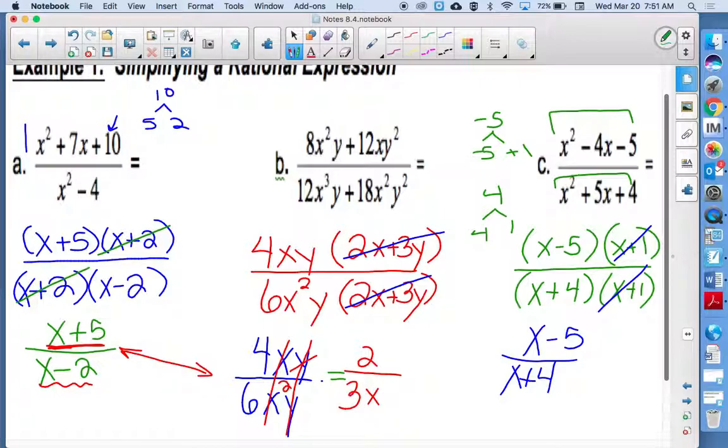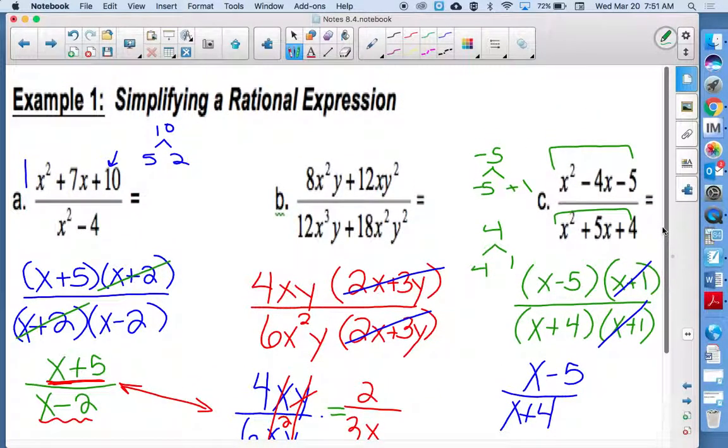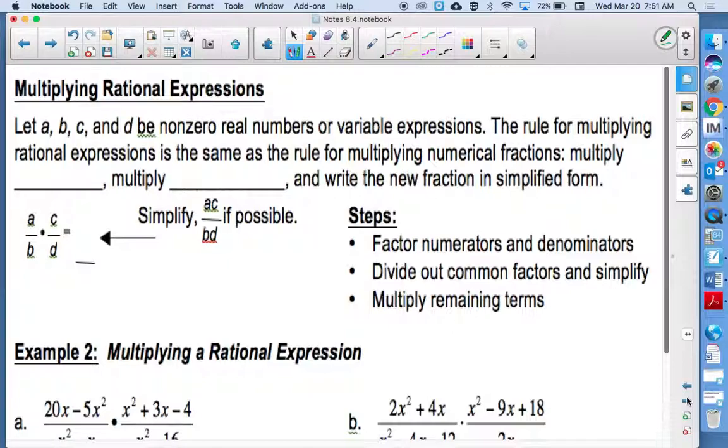So that is just simplifying. You're simplifying one fraction, one rational expression. The other thing we're going to talk about today would be multiplying and dividing multiple fractions. So now we've got a couple of fractions that we're looking at. It says let A, B, C, and D be non-zero real numbers or variable expressions.